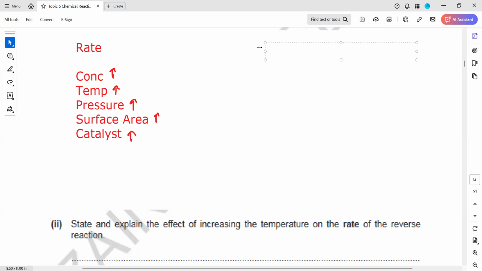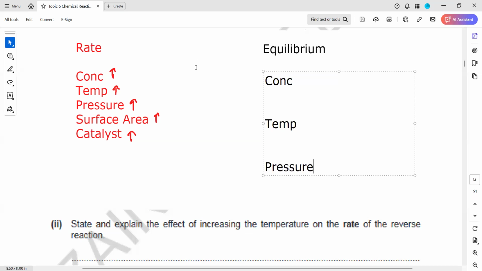But which factors affect the equilibrium? Equilibrium is affected by only 3 factors: concentration, temperature, and pressure. And you have to learn how they affect the equilibrium.